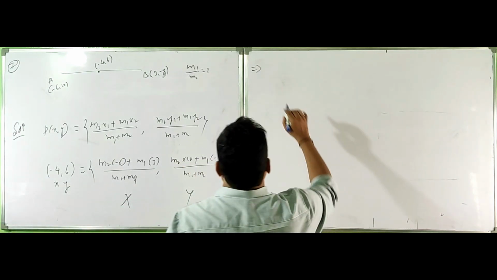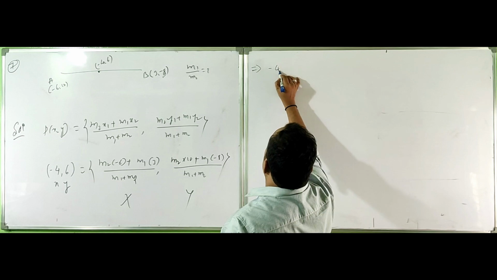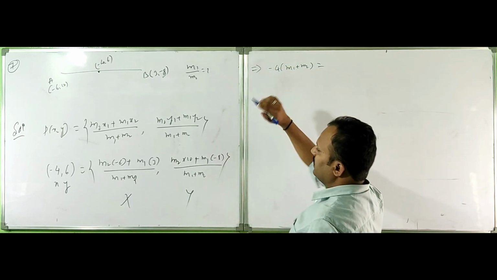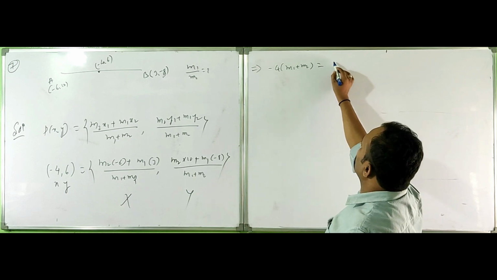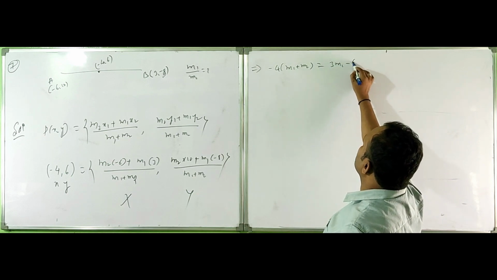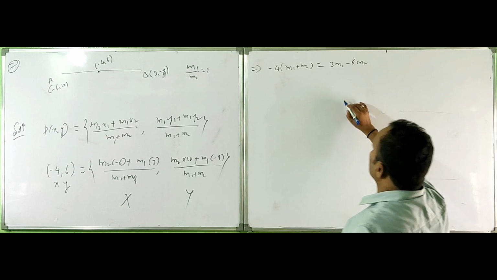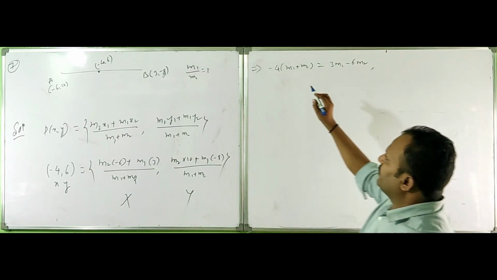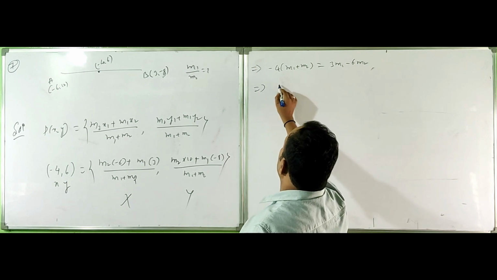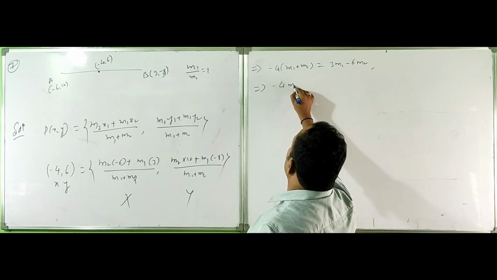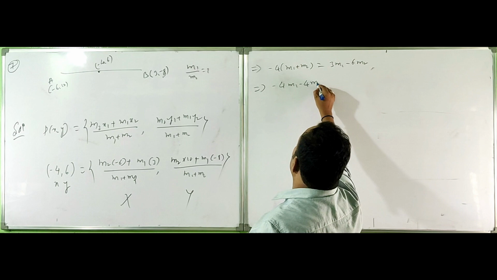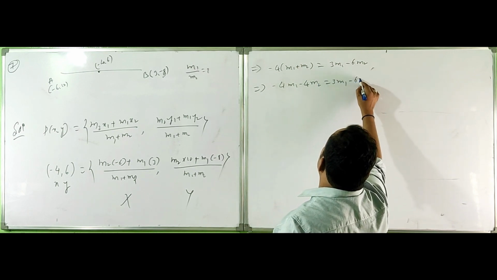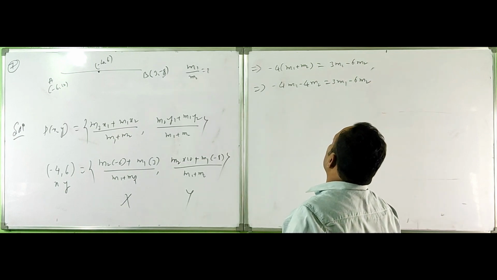What I am writing here: -4 into (m1 plus m2) is equal to 3m1 minus 6m2. We will solve one by one: -4m1 -4m2 is equal to 3m1 -6m2.